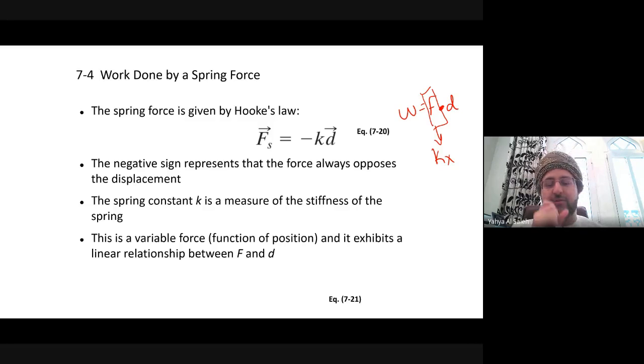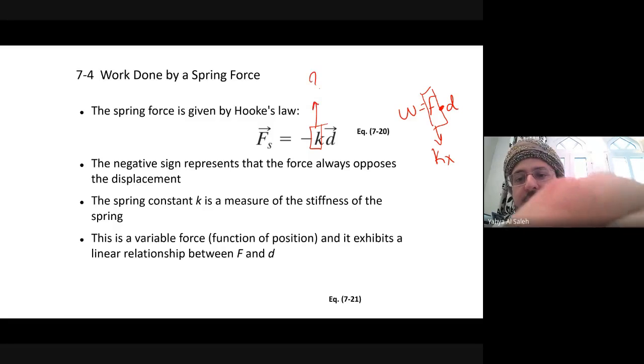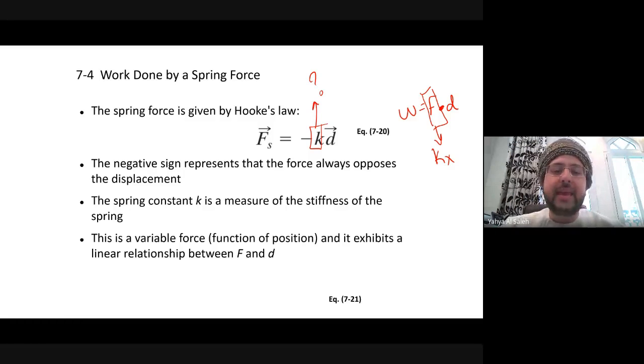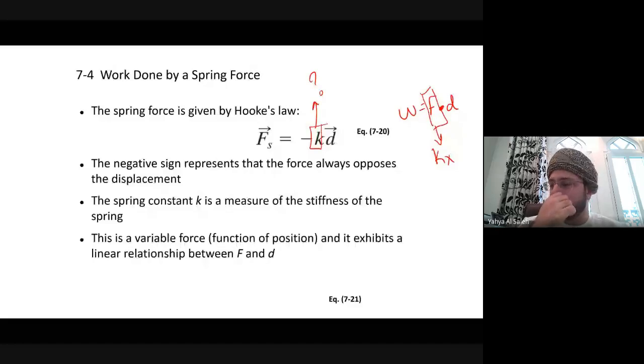Now, some of you might say, okay, wait, you spoke about a whole bunch of things, but you did not say what this K is. K is what we call the spring constant. It is a measure of the stiffness of the spring. It is a property usually of the material itself.